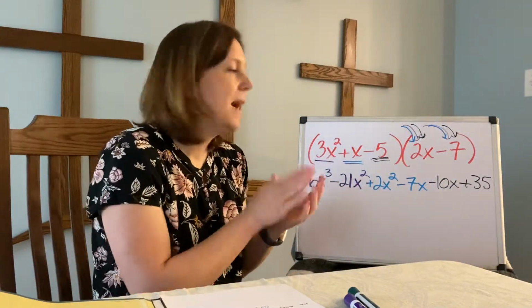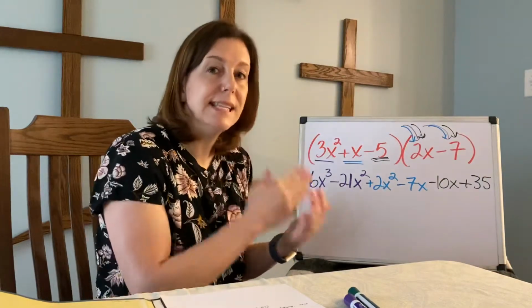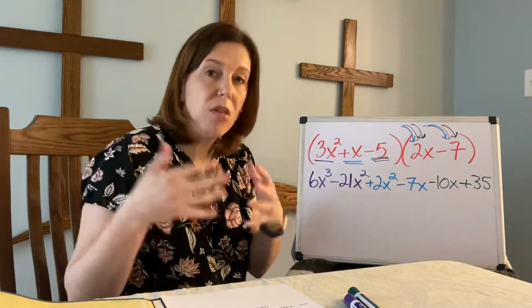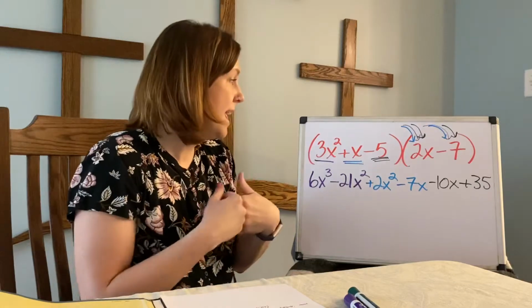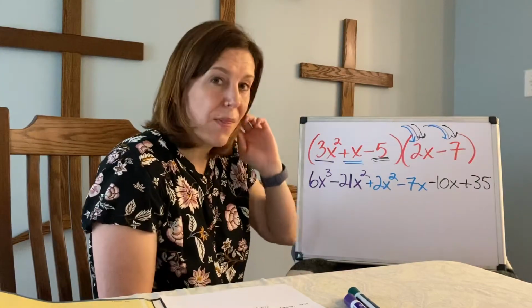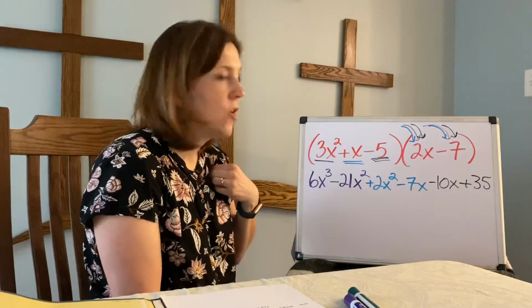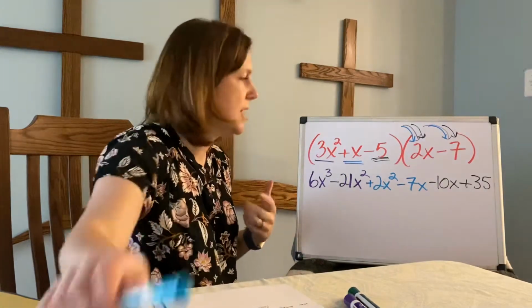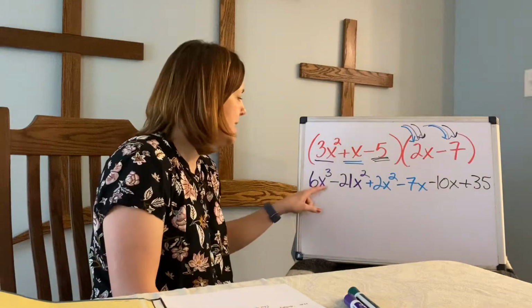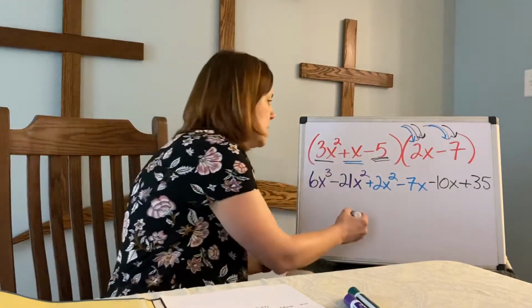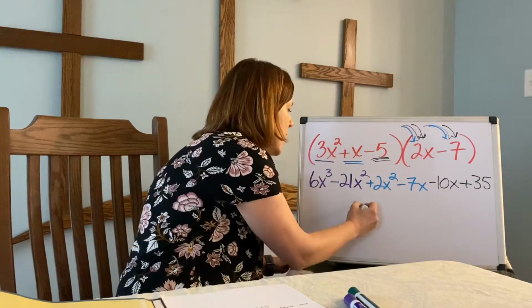But I know that my answer needs to be written in descending order with all of my common terms combined. Now, the way this works out in this problem is we actually see the common terms together. So I'm going to start by writing my final answer with my highest power. I see x cubed, so that's going to be my highest power.